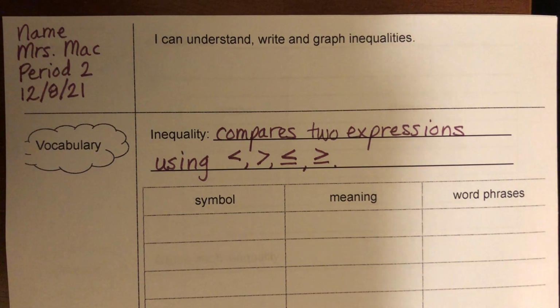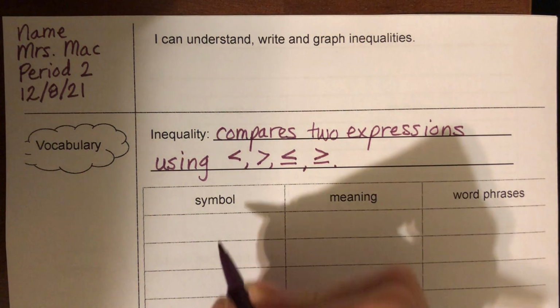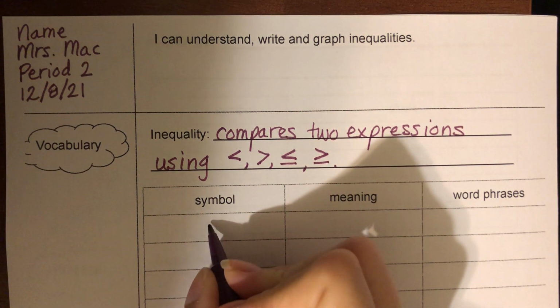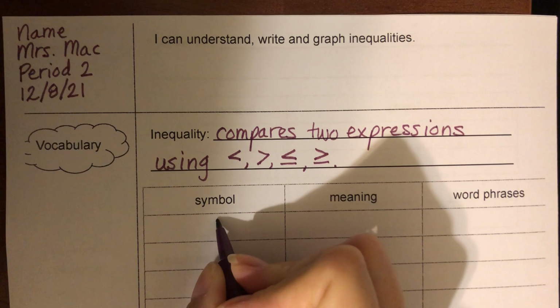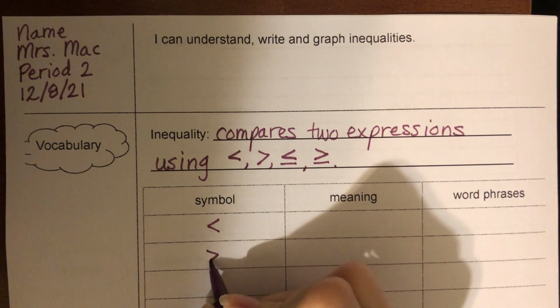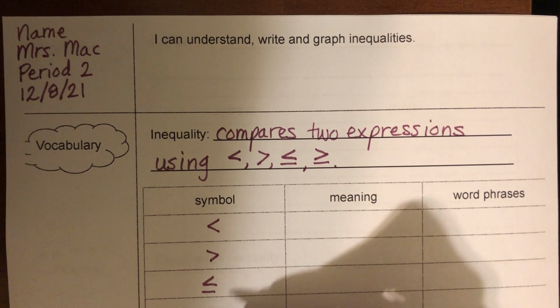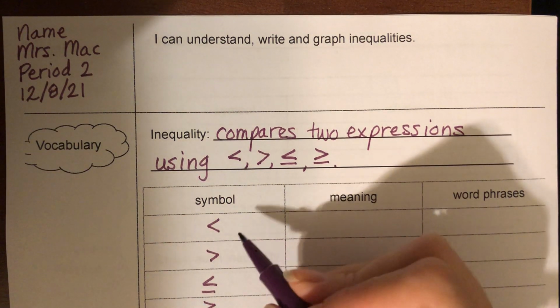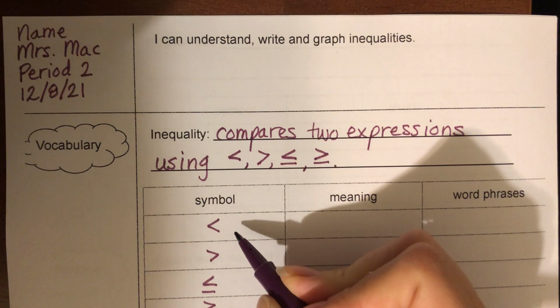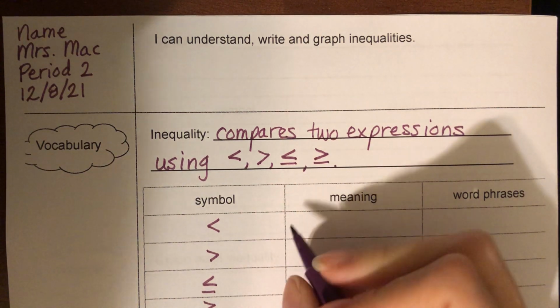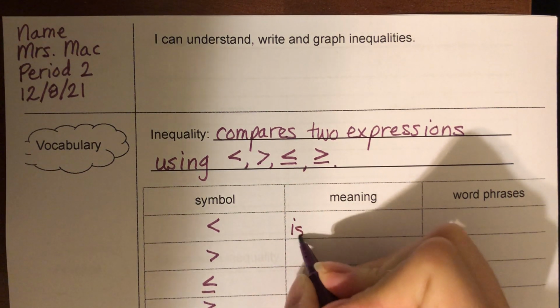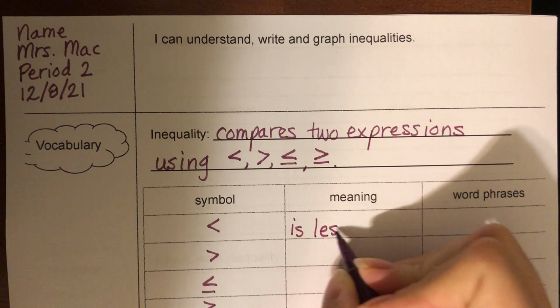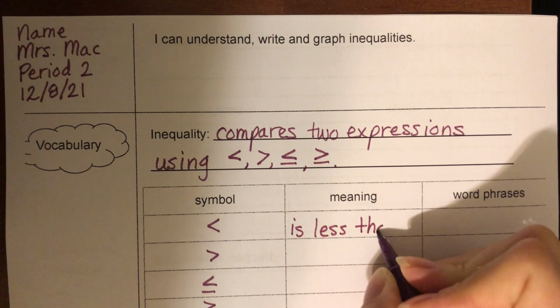So let's look at the meaning of each of those symbols. I'm sure you remember things like the alligator eats the bigger number and things like that from when you were young. Okay, so this symbol right here, we would say is less than.